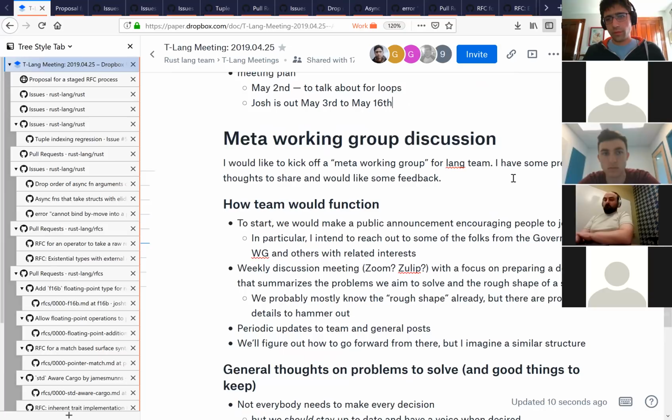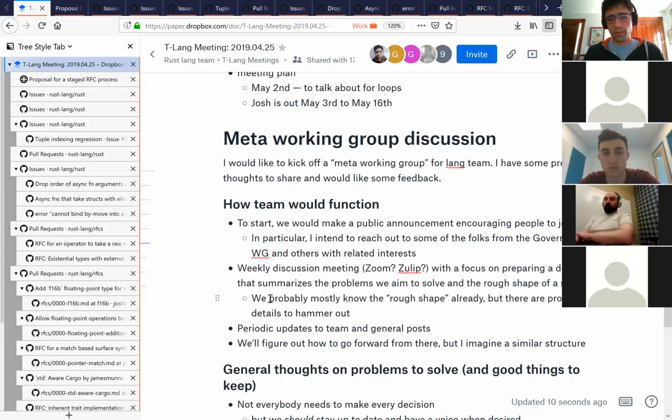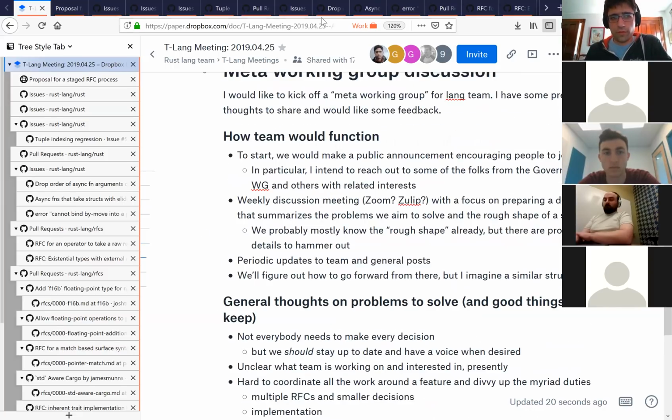So what I wanted to talk about with the next section was the Meadow working group concept, and share some thoughts and just start the discussion here. I'll briefly summarize what I wrote here.